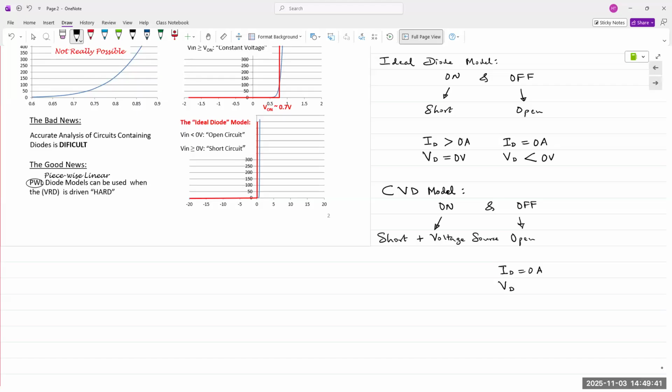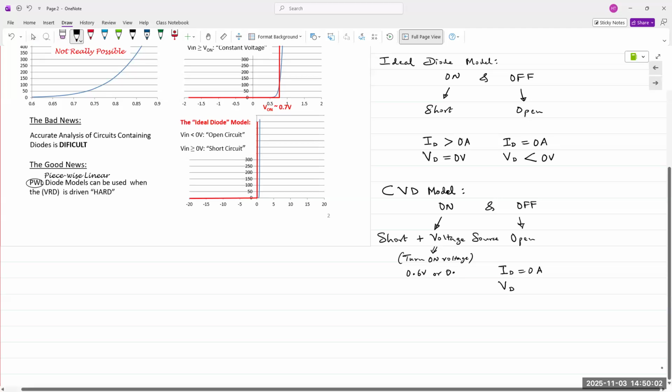And the voltage source has a value that is equal to the diode turn-on voltage. The turn-on voltage could be 0.6 volts, could be 0.7 volts. It would be specified in the problem itself. All right, and those are the two big differences.